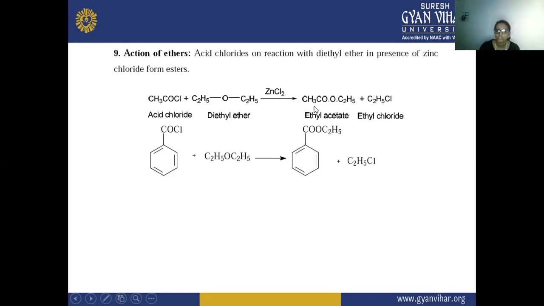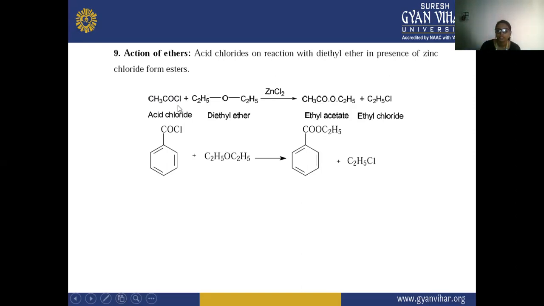This is your CH3COOC2H5. CH3COCl and C2H5OC2H5, this is CH3CO reacting with the C2H5O. When this is dissociated, then there is a formation of CH3CO positive and Cl negative, and in this case C2H5O negative and C2H5 positive.